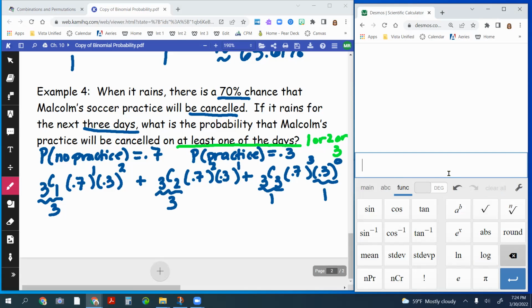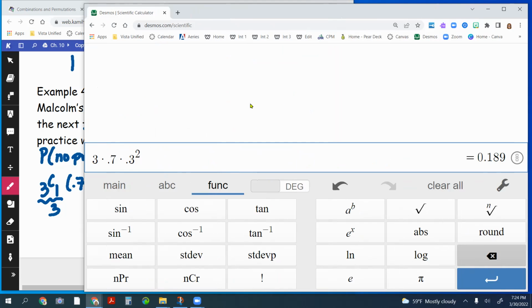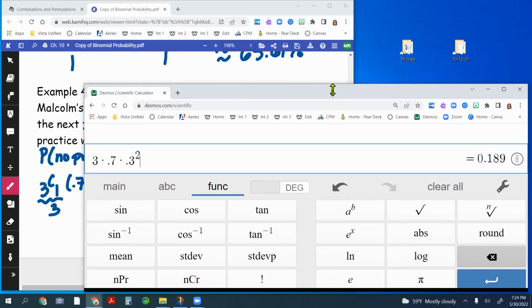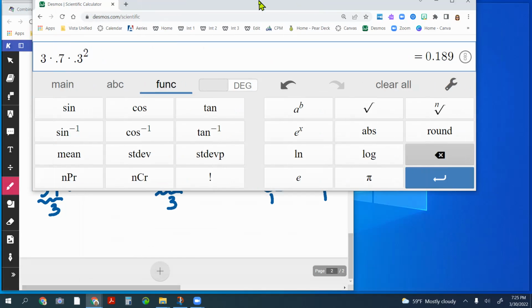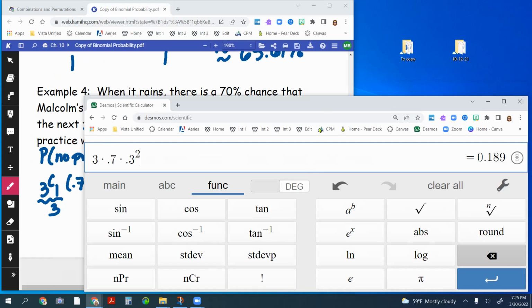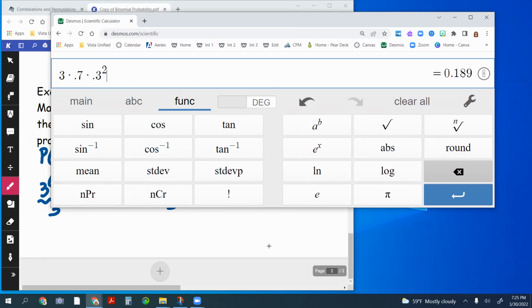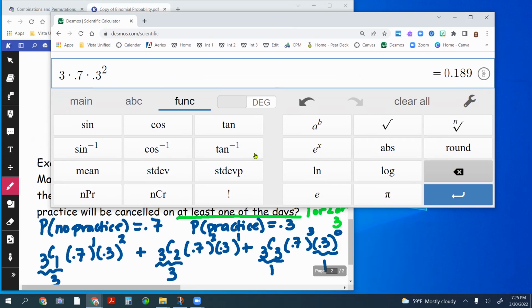Okay, so if I put this into my calculator, again, I don't have to do the 3 choose 1. I can put in a 3. That's going to be a 3 times 0.7 to the first times 0.3 to the second, plus, and let's see if I can pull this out, so I don't want it to expand all the way, and then pull this down so I can see what I'm typing in.